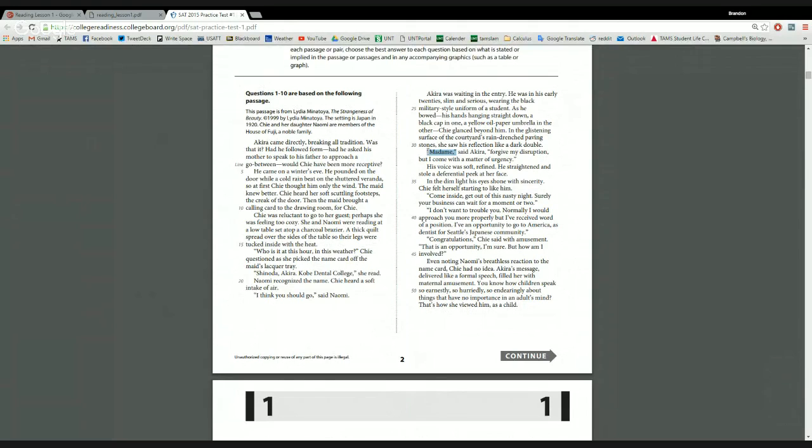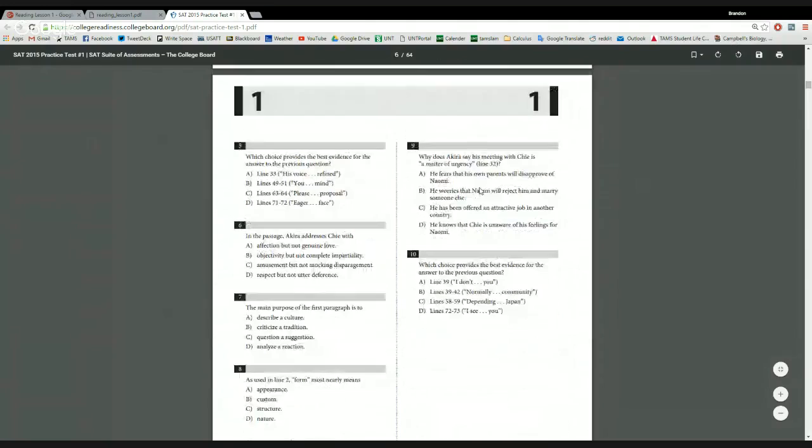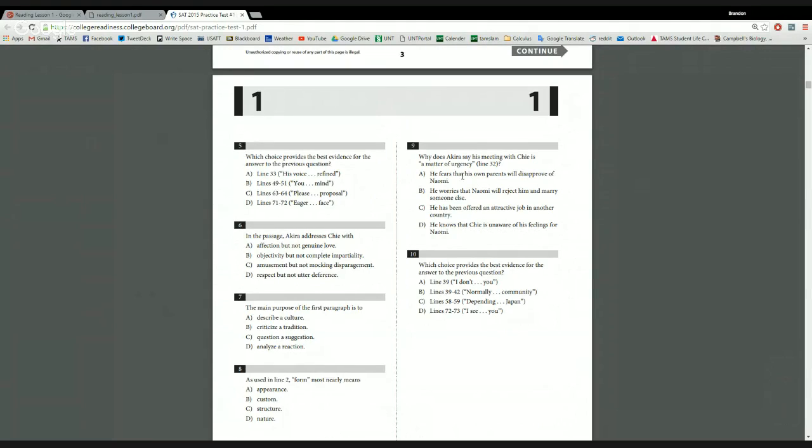Madame said, Akira, forgive my disruption, but I come with a matter of urgency. His voice was soft, refined. He straightened and stole a deferential peek at her face. All right. So why does Akira say his meeting with Chi is a matter of urgency?